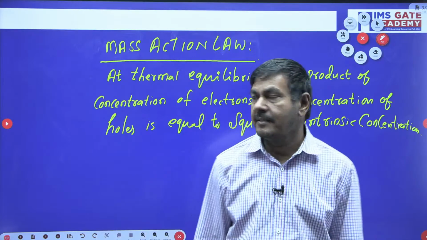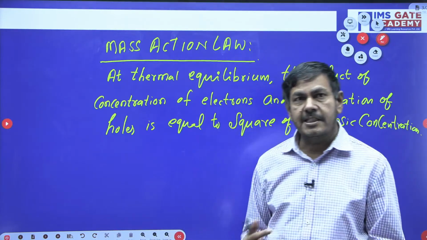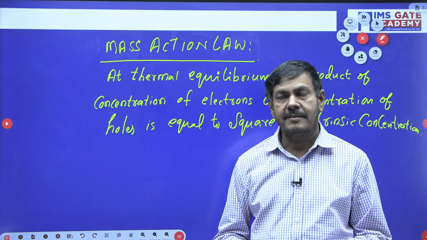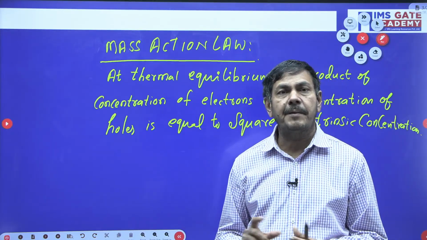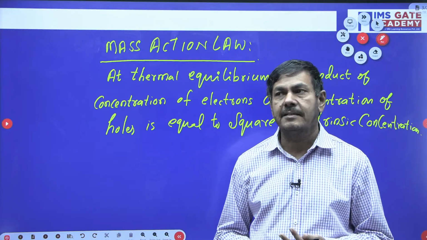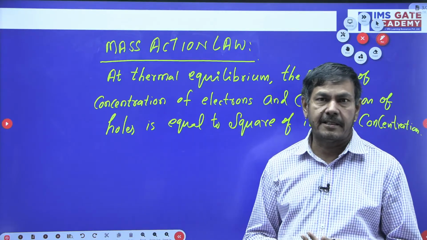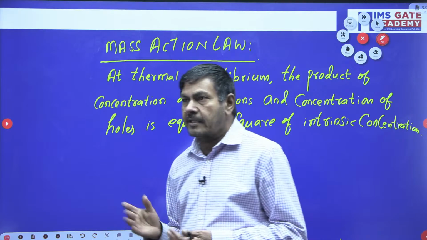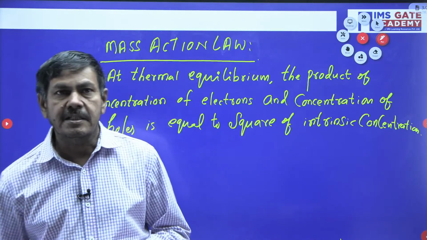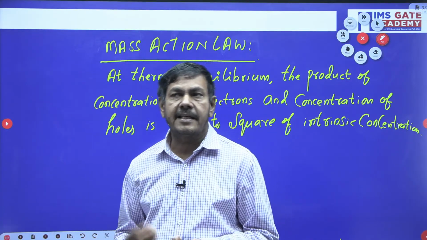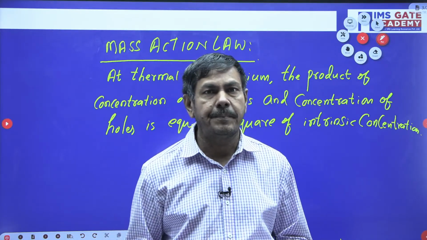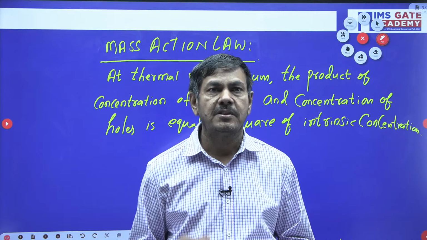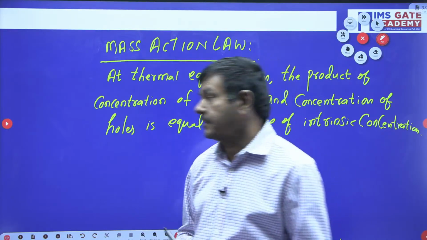What is the meaning of this statement? A thermal equilibrium condition means the temperature is maintained constant in a semiconducting material. The product of the concentration of electrons, N, and the concentration of holes, P, is equal to the square of the intrinsic concentration.